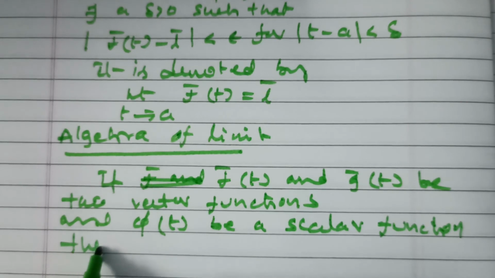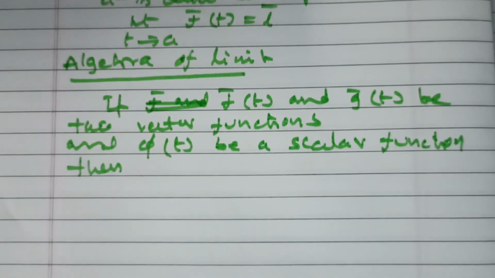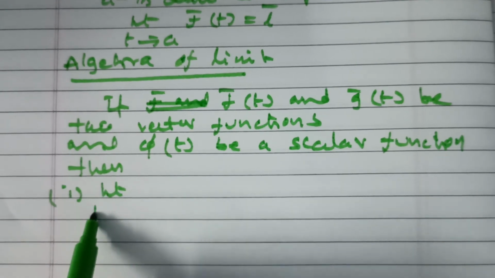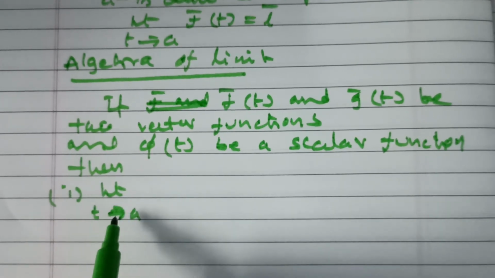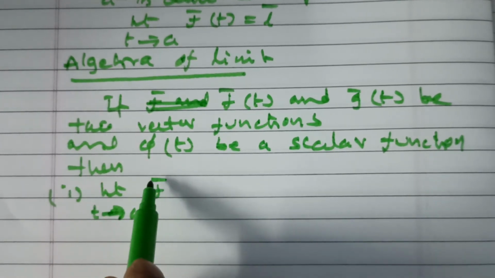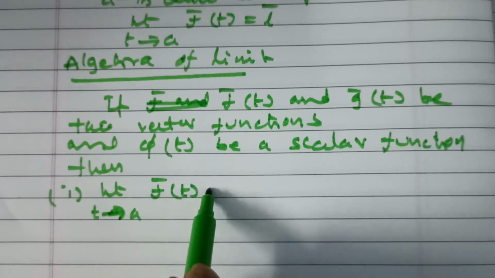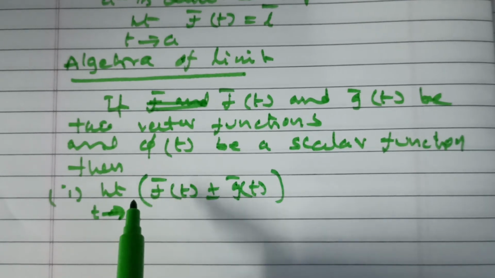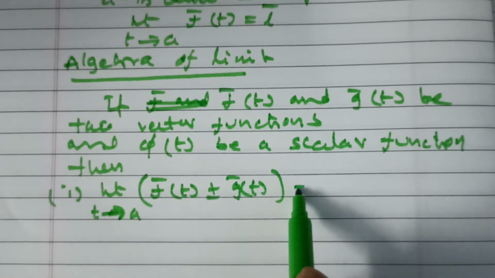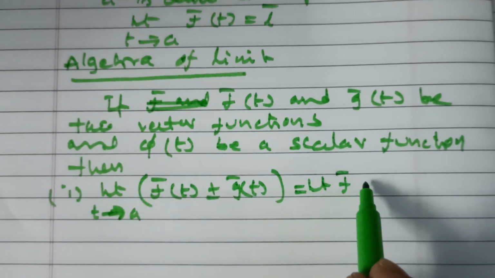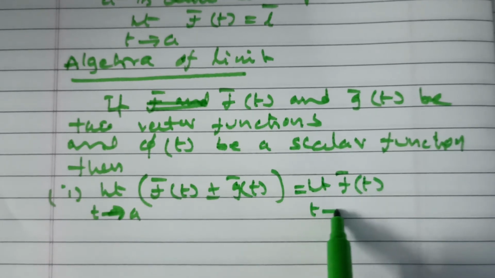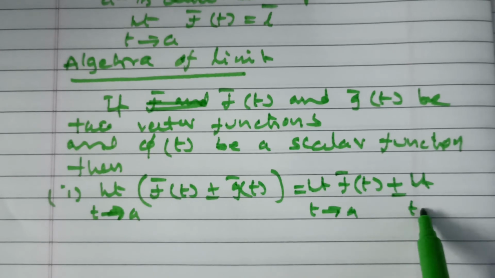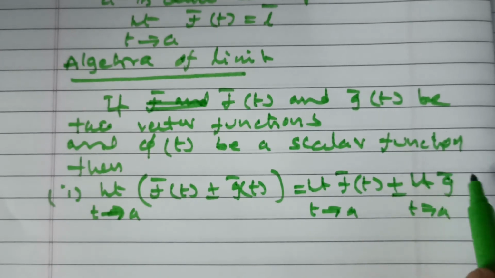Then, point one: limit t tends to a of f bar of t plus or minus g bar of t is equal to limit f bar of t as t tends to a, plus or minus limit t tends to a of g bar of t.